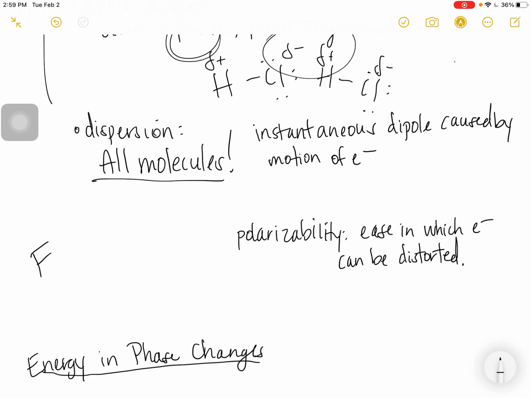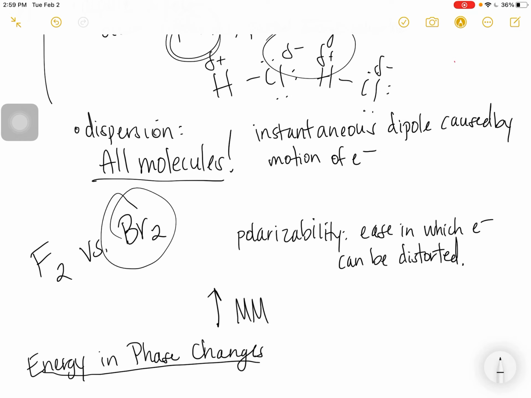We often have a comparison of two diatomics, which only have dispersion forces, and we're asked which one has stronger forces. In this case, it's Br2, because Br2 has a larger molar mass, which makes it more polarizable. And it's the fact that it's more polarizable that it has stronger intermolecular forces.